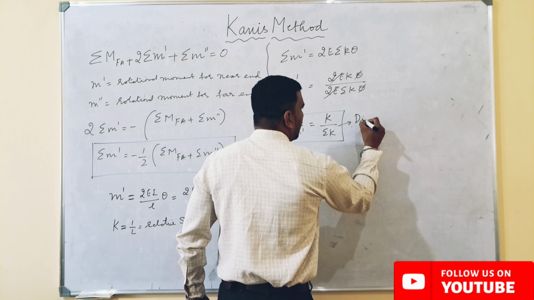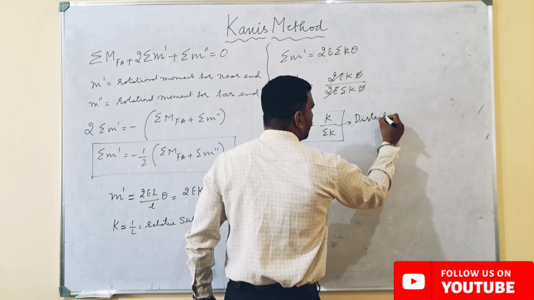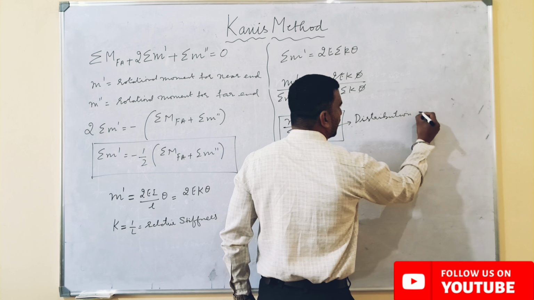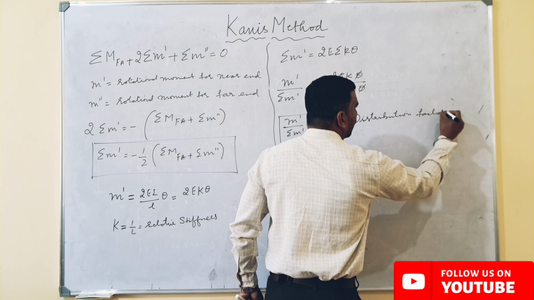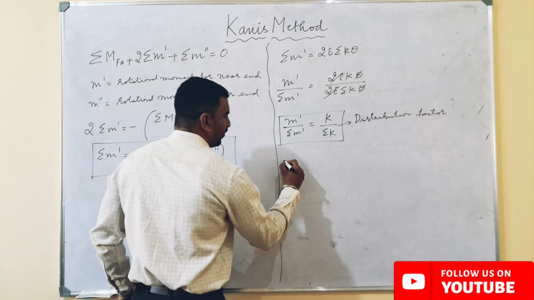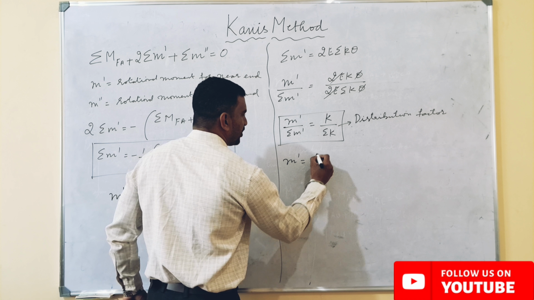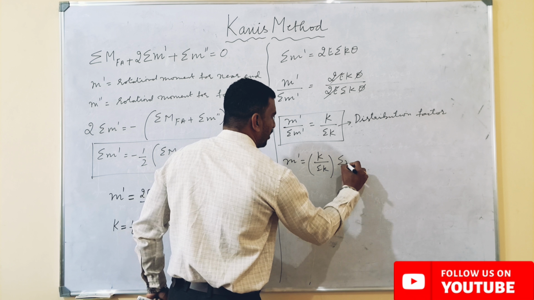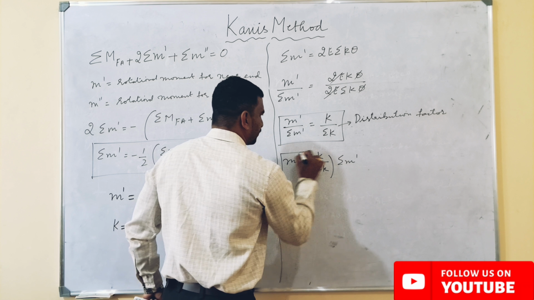So if we just rearrange this one, we can write here as M dash is equal to K by sigma K into sigma M dash.